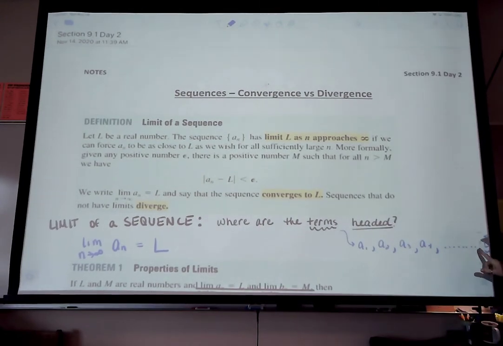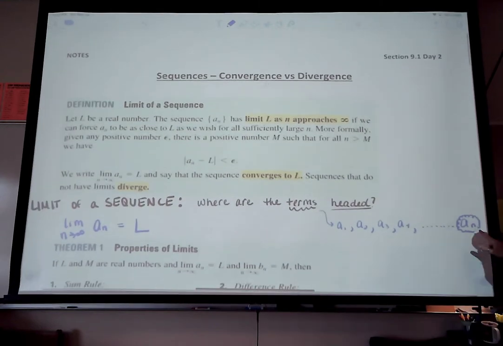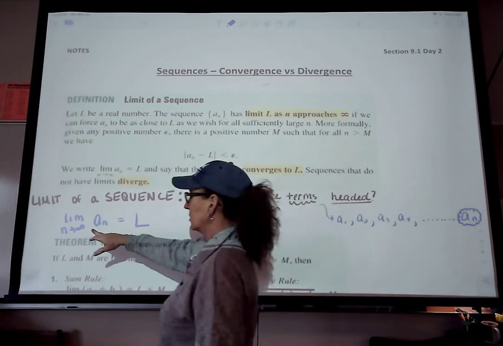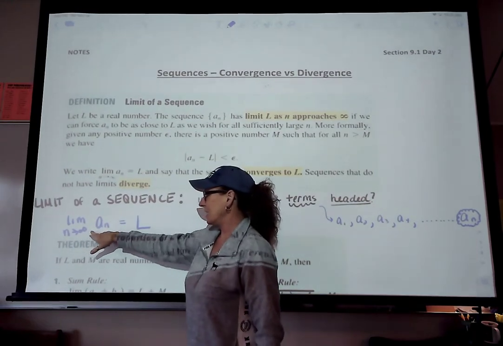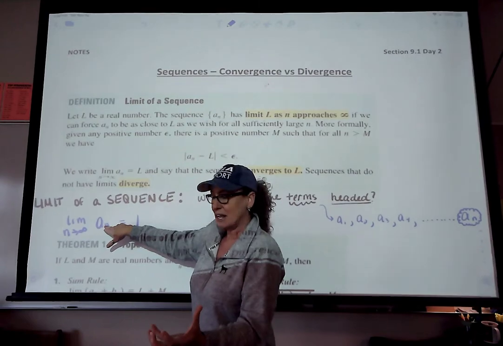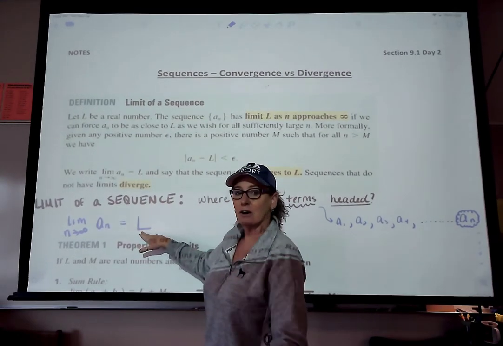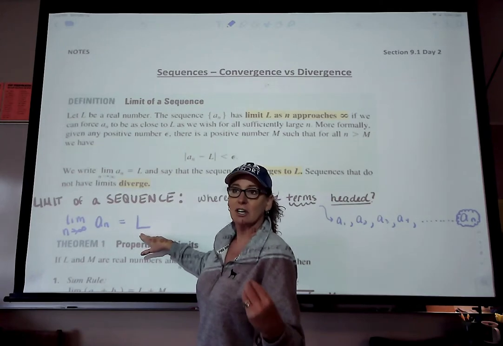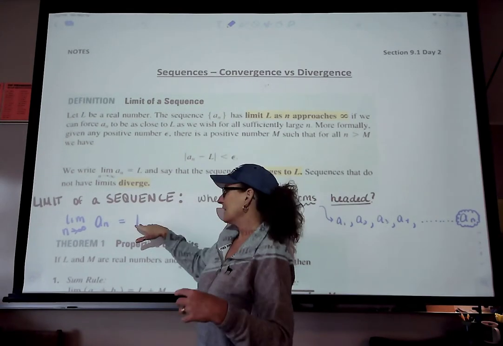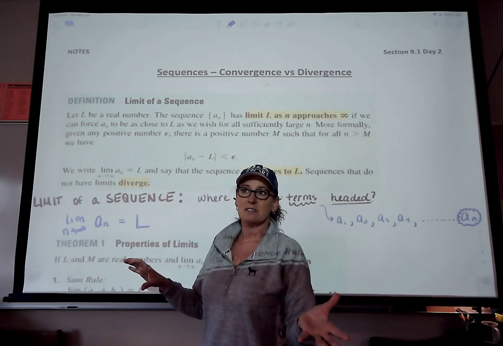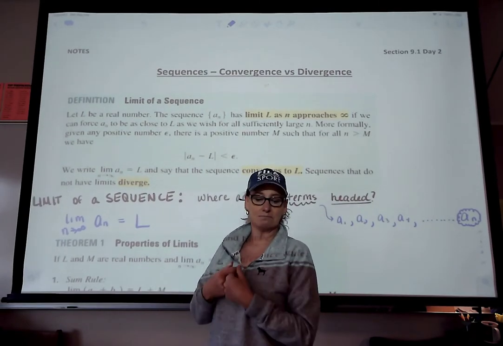If you keep going and keep going, where are they headed? It's going to look like this: the limit as n approaches infinity of a sub n. Where are the terms headed? If I can get a definite value called whatever, L, I can say that the sequence converges. If I get an answer like positive or negative infinity, then I'm going to say that the sequence diverges.